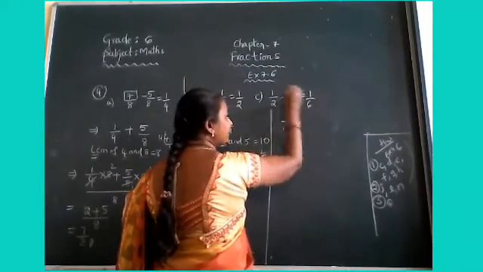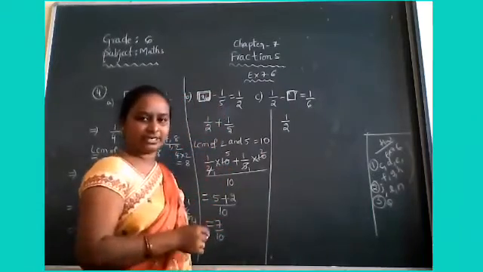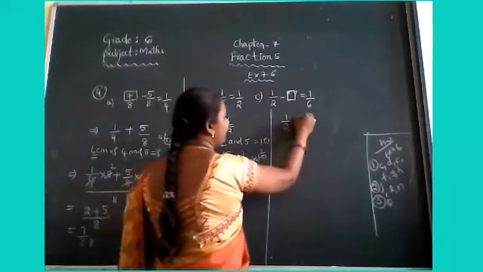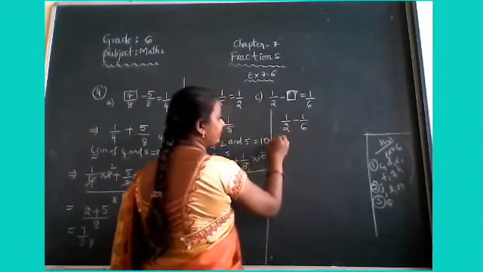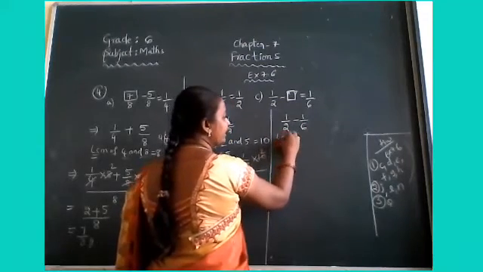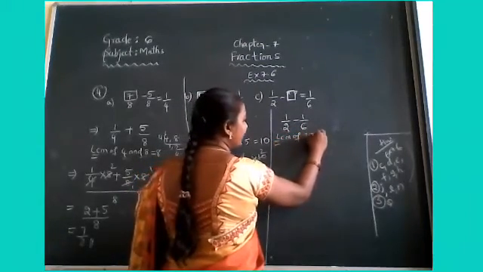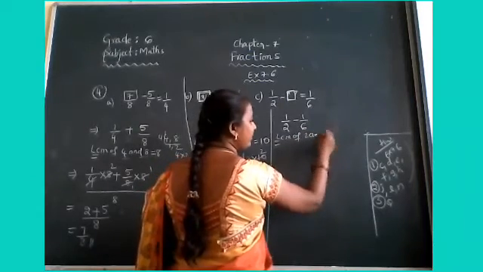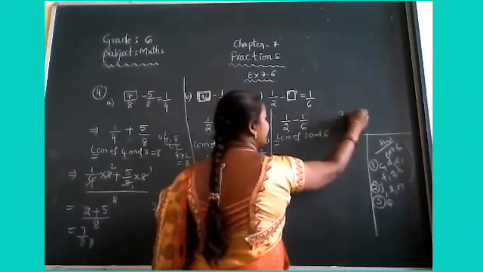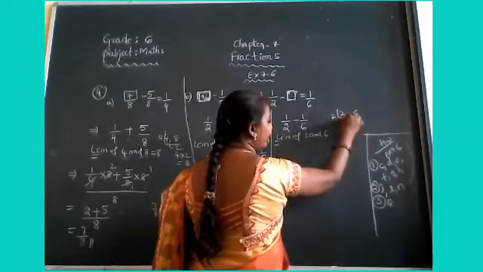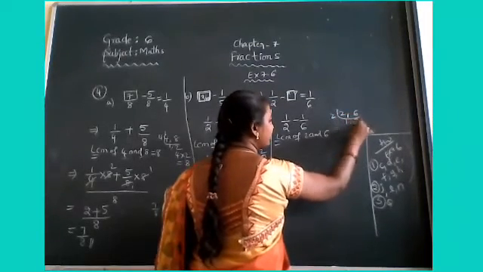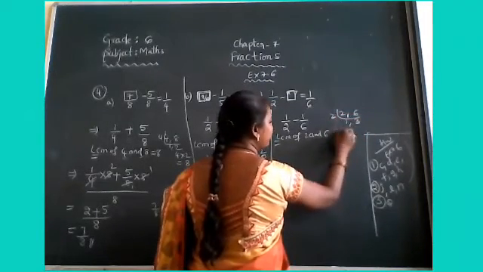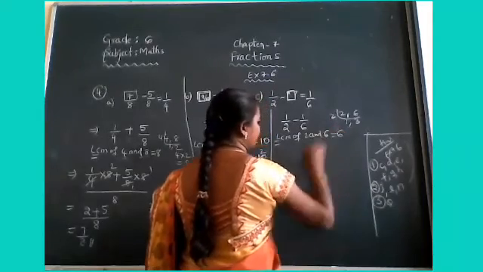It has a plus sign, so if you shift it, it becomes minus. Minus 1 by 6 is equal to, LCM of 2 and 6. What is the LCM of 2 and 6? 6. Otherwise you find 2 ones are 2, 2 threes are 6. That is 2 into 3 is equal to 6.